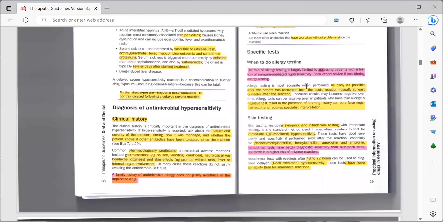Allergy testing is most accurate when performed as early as possible after the patient has recovered from the acute reaction, usually at least 6 weeks after the reaction.